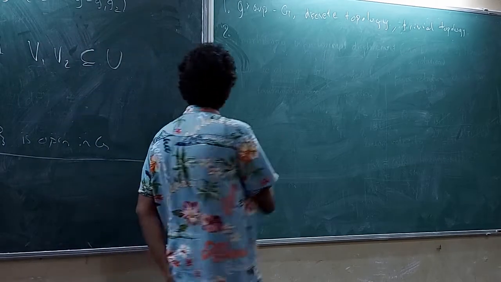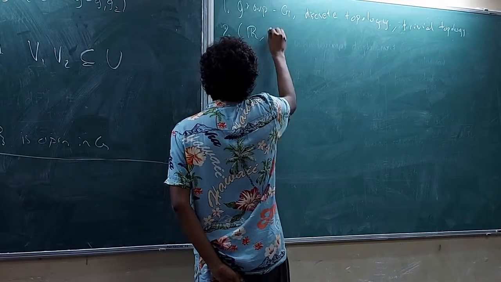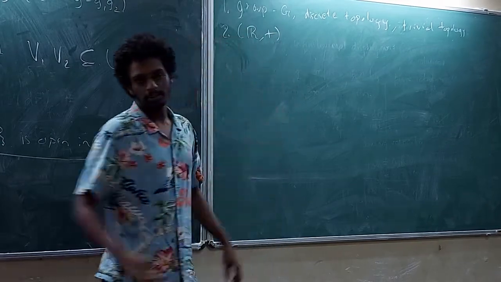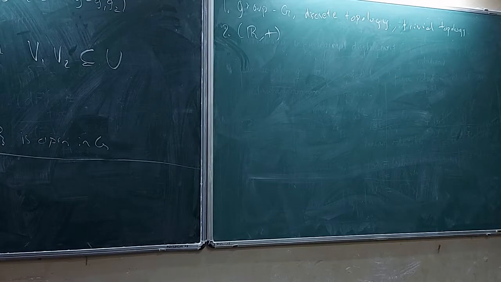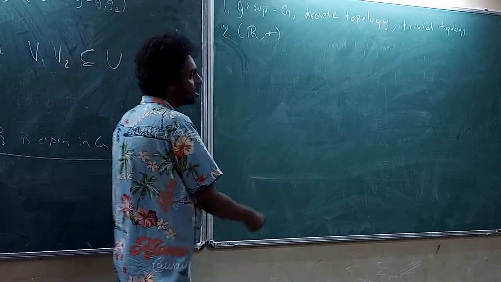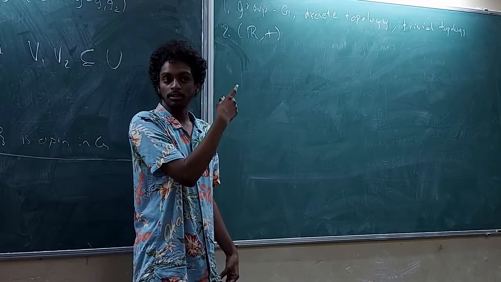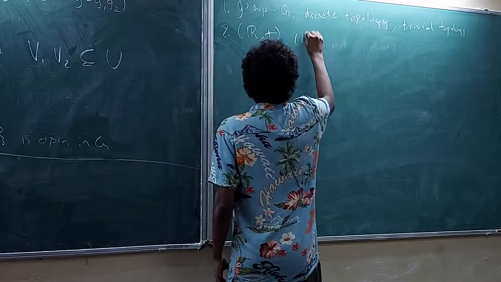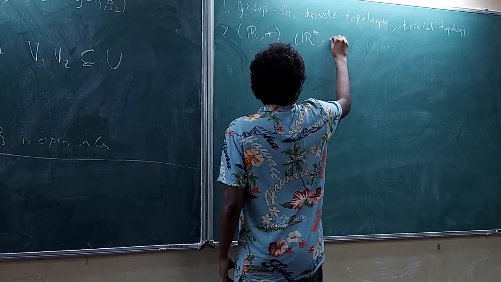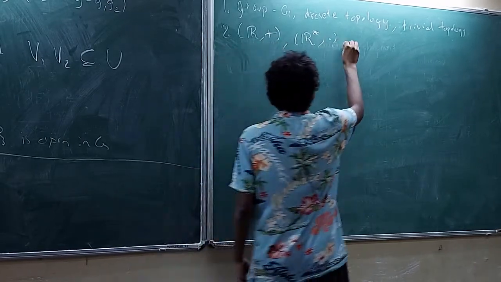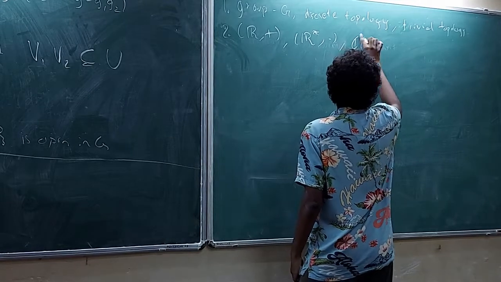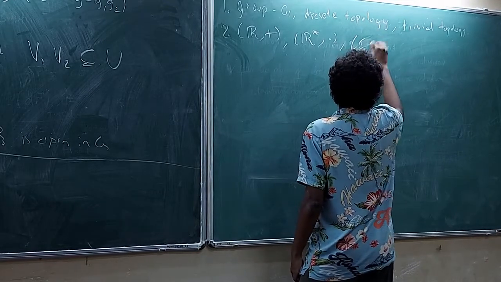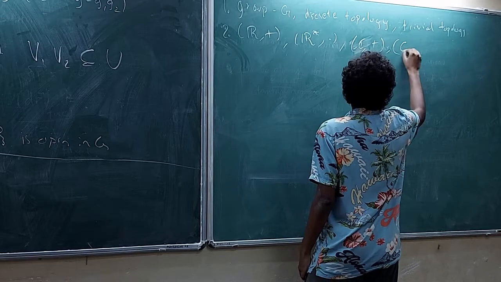R plus. And no need to verify, it's a real analysis result that addition is continuous. I mean, addition acts nicely. Again, R star, that is the non-zero reals, under multiplication. Same for complex numbers.